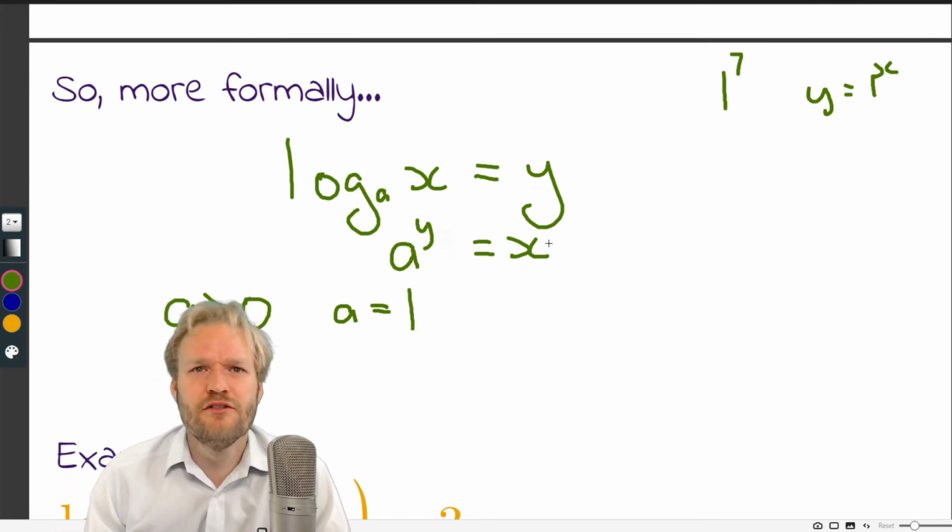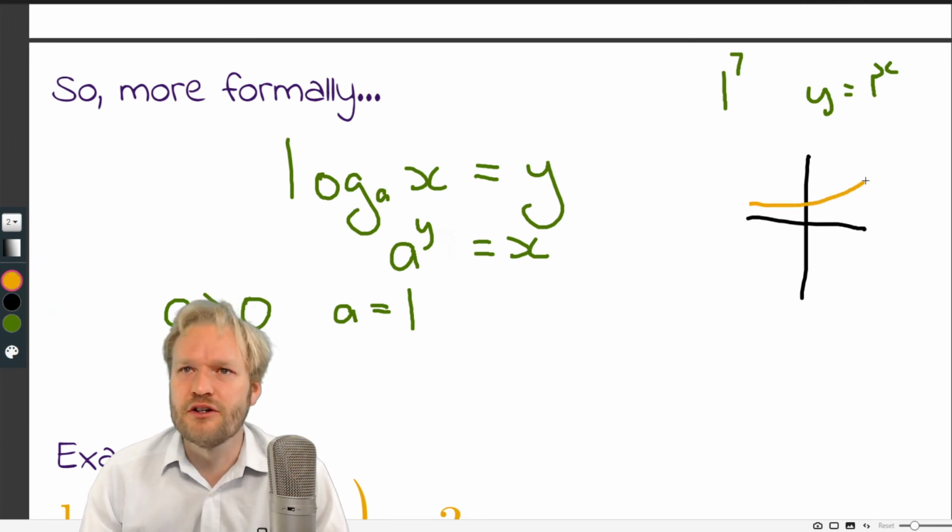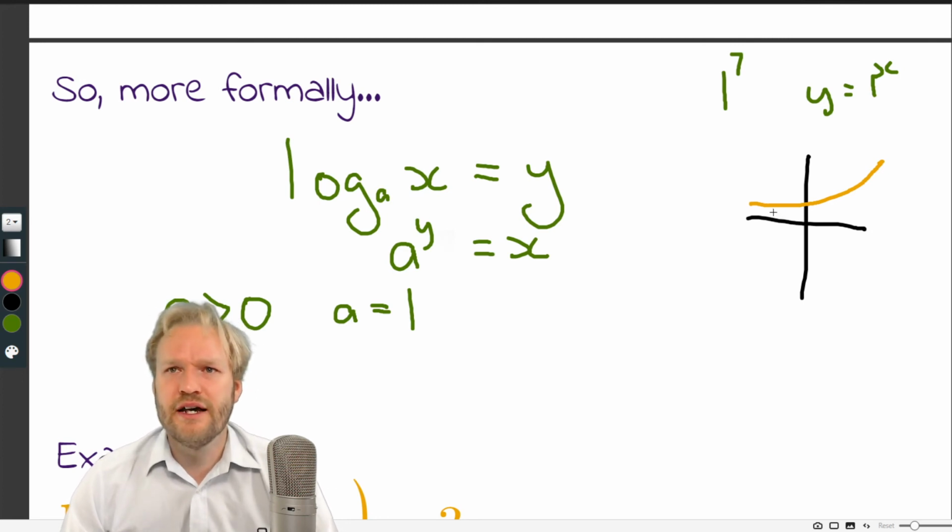And finally, when we drew our exponential graph, remember we had a positive base and we said it goes like that. We never had a negative y value.